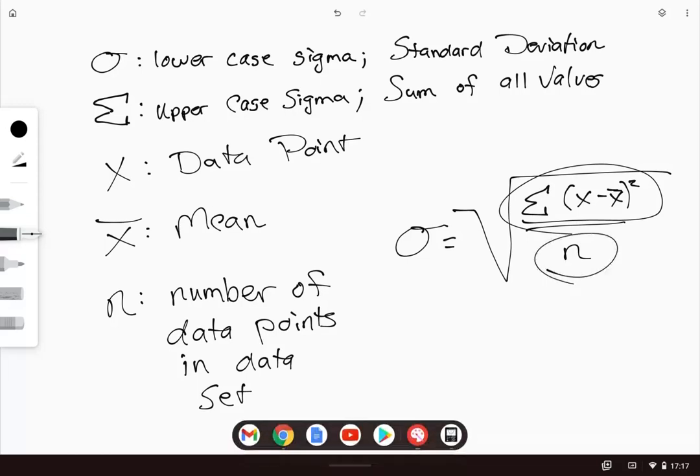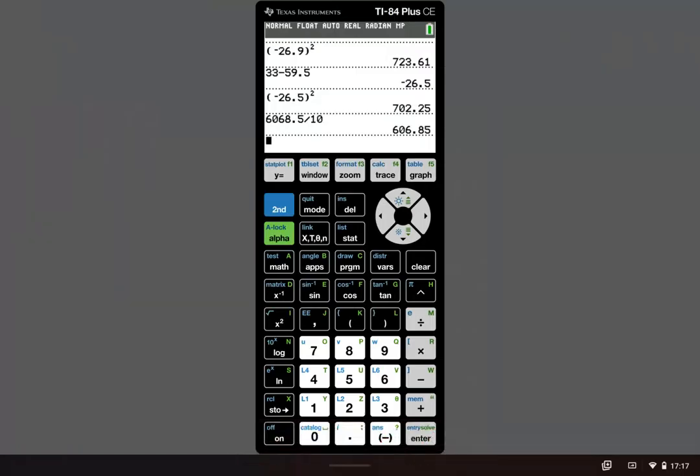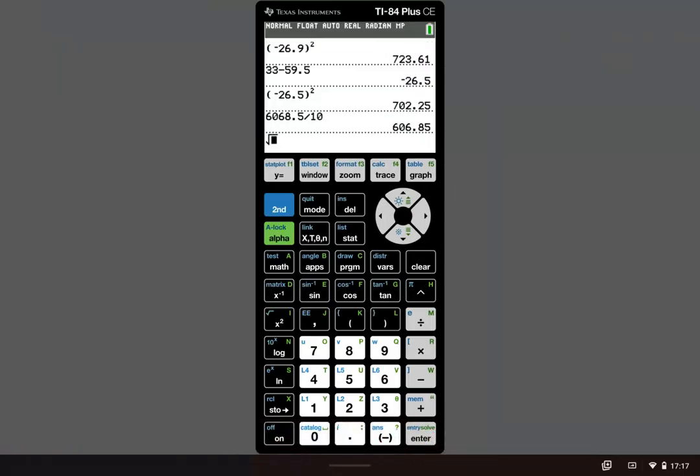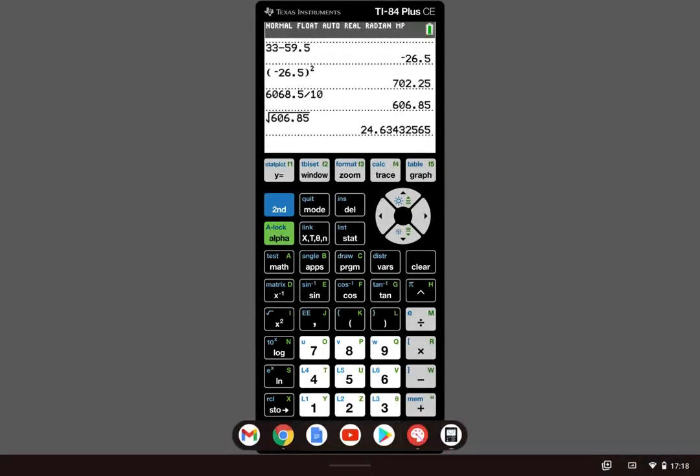So now all we need to do is to take the square root and see what the answer is. So the square root of 606.85 is 24.63. We'll just go ahead and round it to the 100th place.